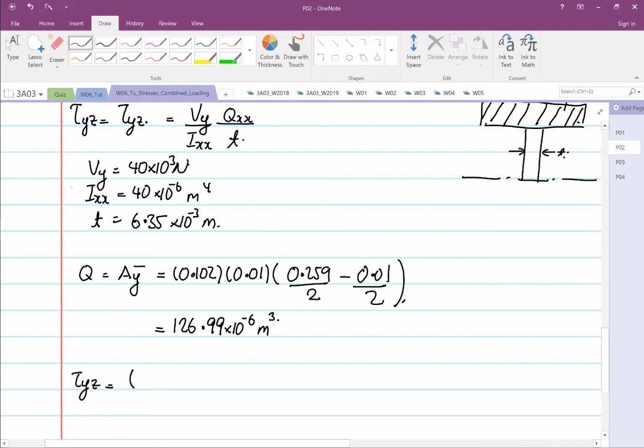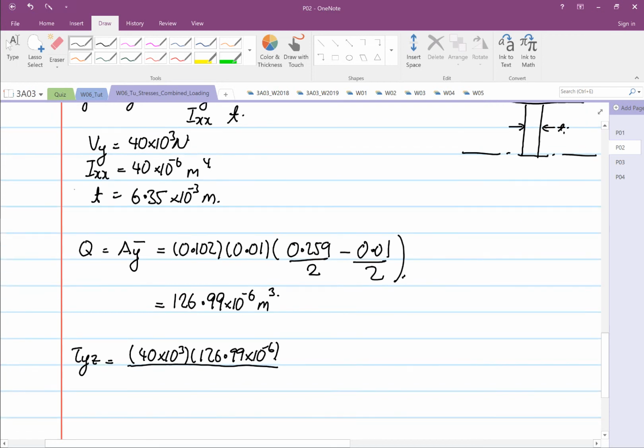V is 40 times 10 to the power 3, Q is 126.99 times 10 to the power minus 6, divided by I, 40 times 10 to the power minus 6, and the thickness. You take the smaller thickness, 6.35 times 10 to the power minus 3.